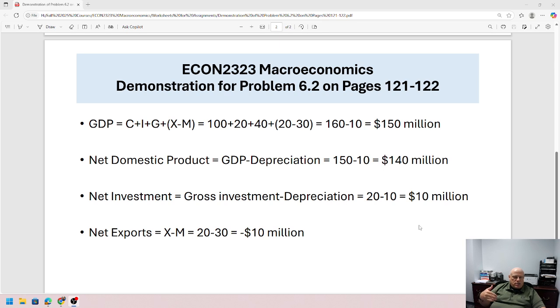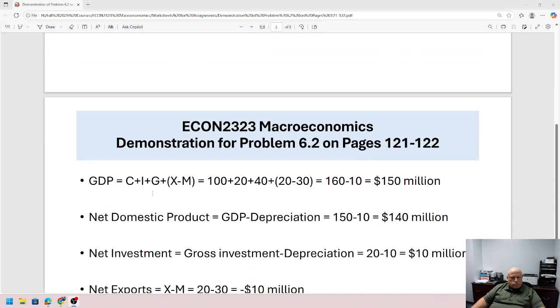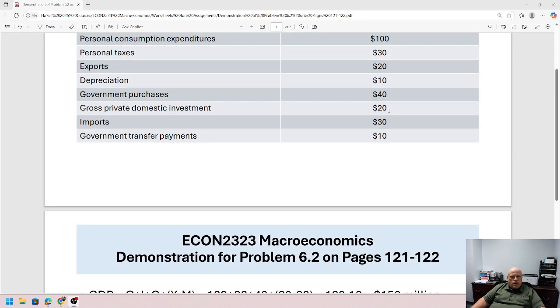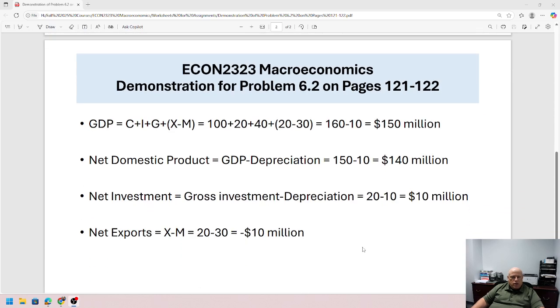Then the next thing it wants you to calculate is net investment. And this is simply your gross investment minus depreciation. So in our case, if we look back up here, our gross investment was 20 million, and then our depreciation that we just used in the previous formula is 10 million.